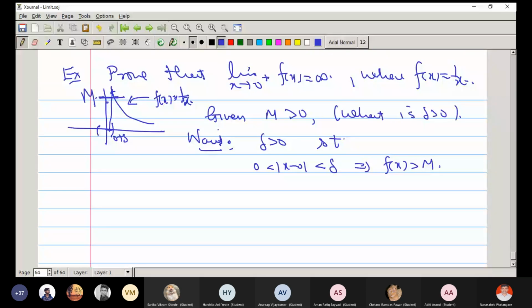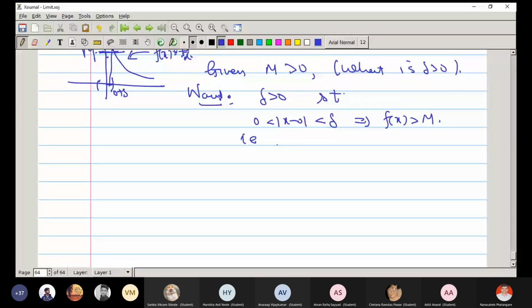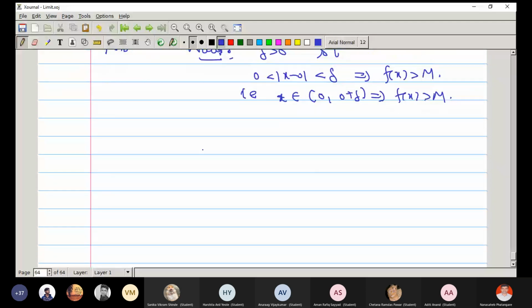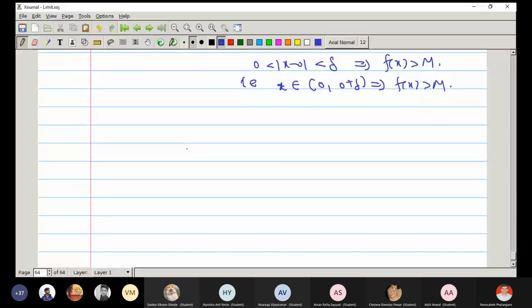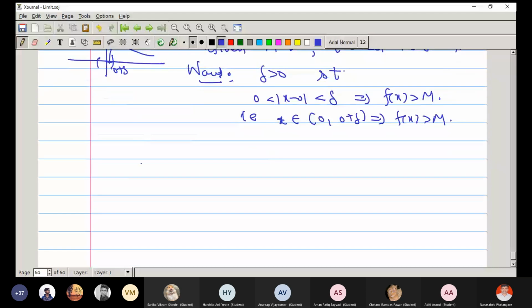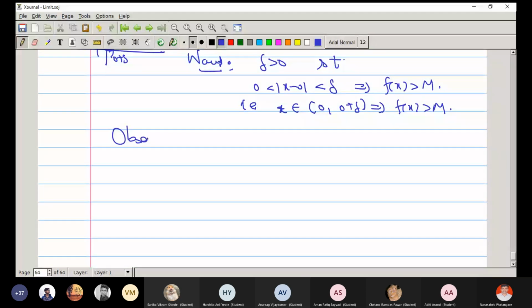For the right hand limit, we expect that if x is in 0 to 0 plus delta, then f of x is greater than M. Such delta we want. Now can you tell me what should be delta?